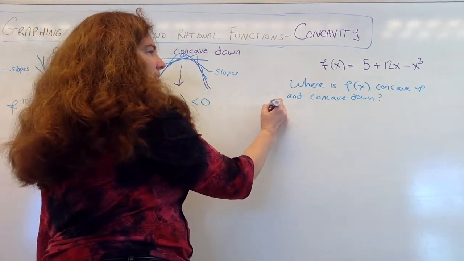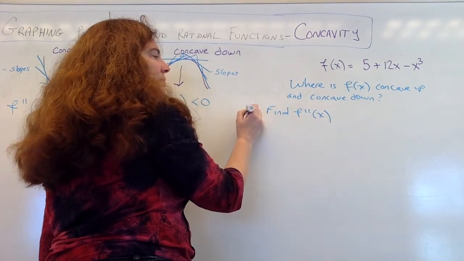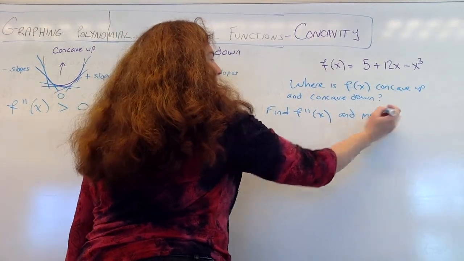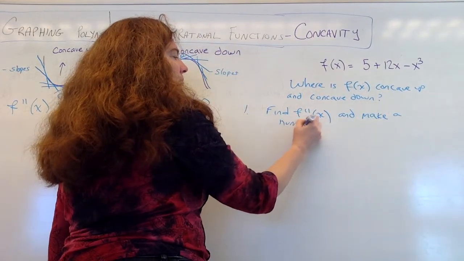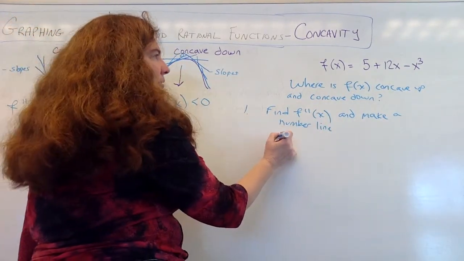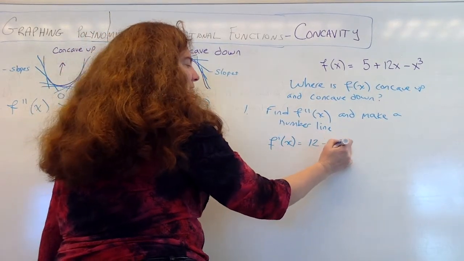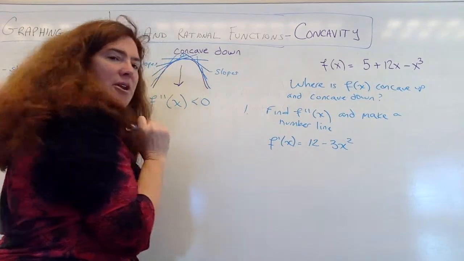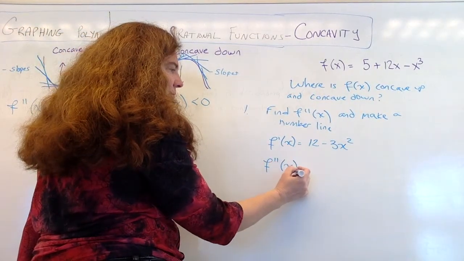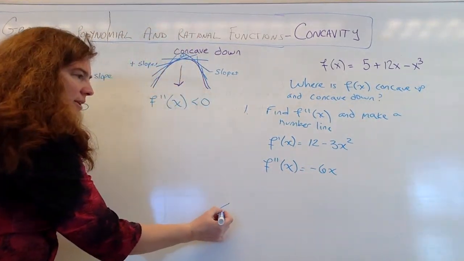I need to find the second derivative and make a number line. So here goes. The first derivative is 12 minus 3x squared, but I don't want to stop there. I want the second derivative, negative 6x.